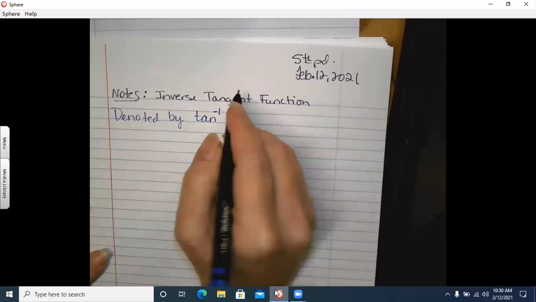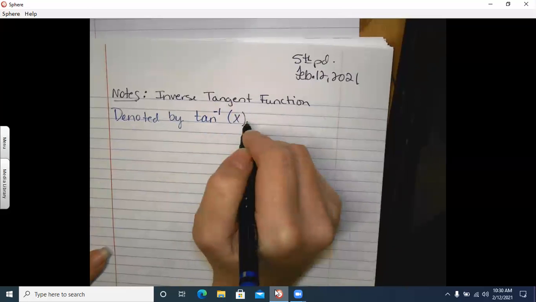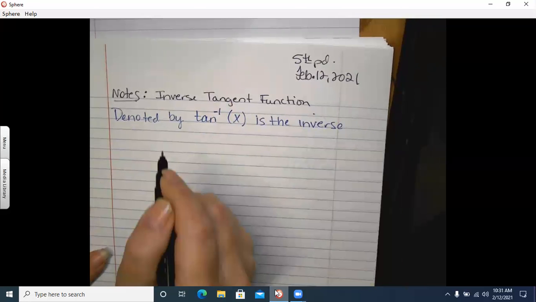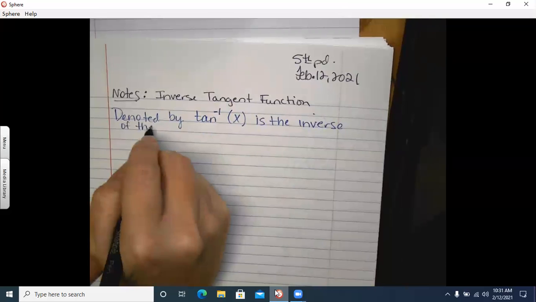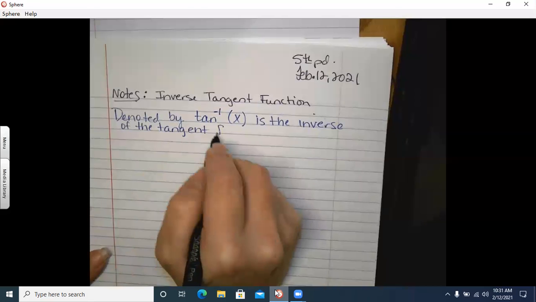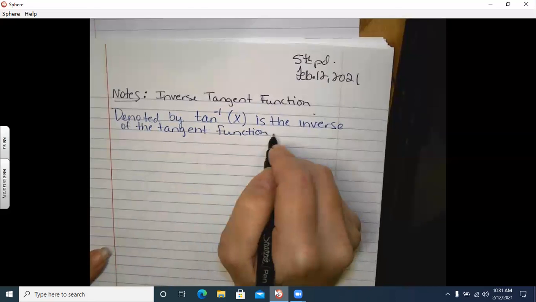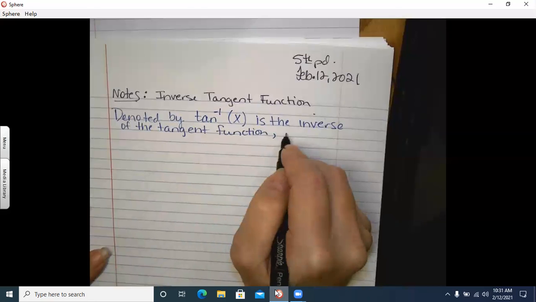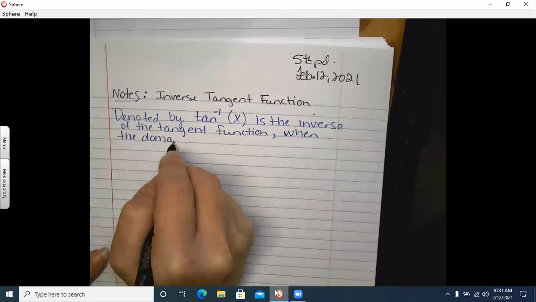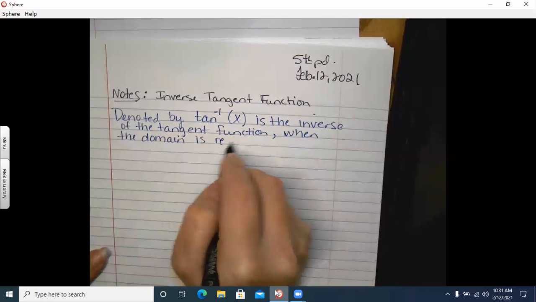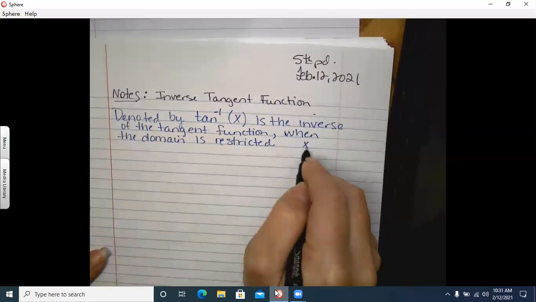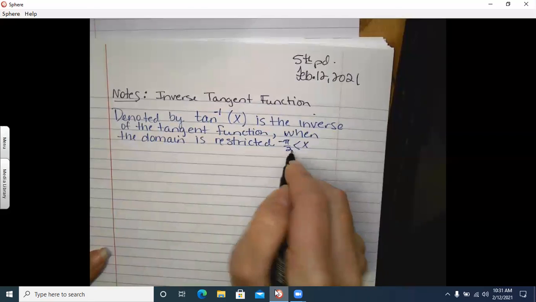Tan^-1 of x is the inverse of the tangent function when the domain is restricted for values of x that are between -pi/2 and +pi/2.